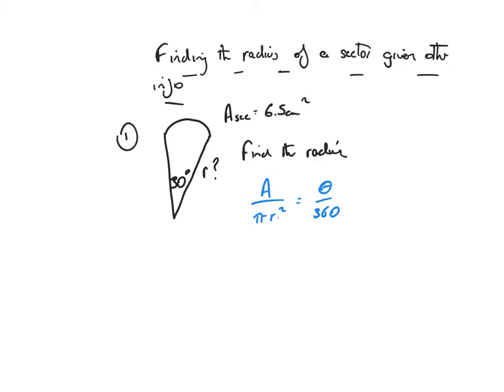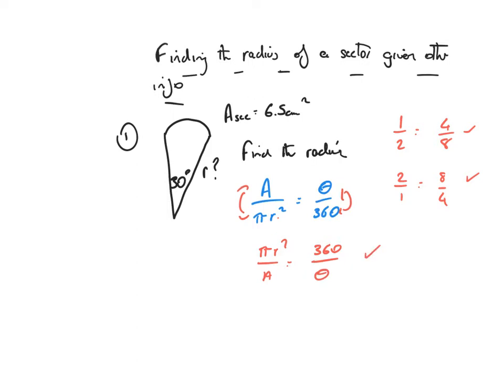We're looking for the radius here, so we can flip this ratio upside down and say that pi r squared over A is equal to 360 over theta, and what we did there is just flip the fractions upside down. And that's okay, we can do that. If we think, for example, that 1 over 2 is equal to 4 over 8, well, if we flip them upside down, then 2 over 1 is 2 and 8 over 4 is 2. So it's fine that I can do that.